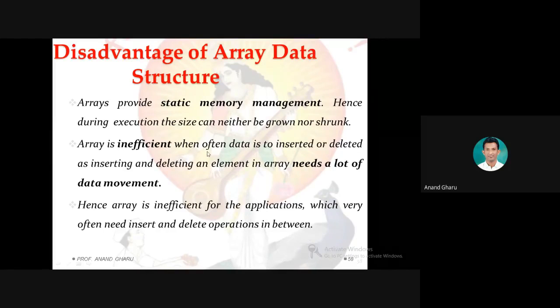Second, array is inefficient when data is often inserted or deleted. In the previous slide, I told you insertion and deletion operations are a little bit difficult with the help of array, because to insert or delete an element from the array we need data movement. ओके, आपल्याला कधी इन्सर्शन डिलीशन ऑपरेशन करायचं असेल array मध्ये, तर थोडं डिफिकल्ट टास्क आहे. वाय? बिकॉज वी हॅव टू परफॉर्म द डेटा मुवमेंट. आपल्याला डेटा शिफ्ट करावा लागेल.